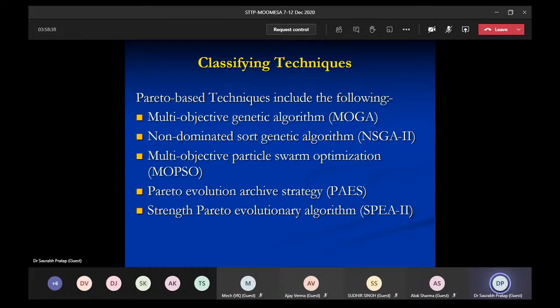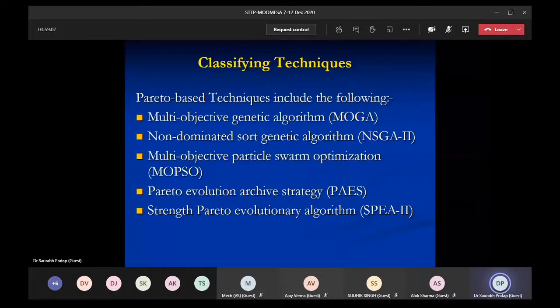Even in the 12th class, you have seen that by differentiating the equation, you can get the minimal or maximal value of X or Y. That is also a traditional exact method, and after that there are a number of ways, like Lingo, the branch and bound method, and the complex method.